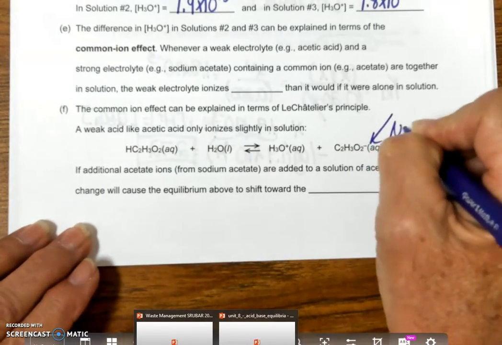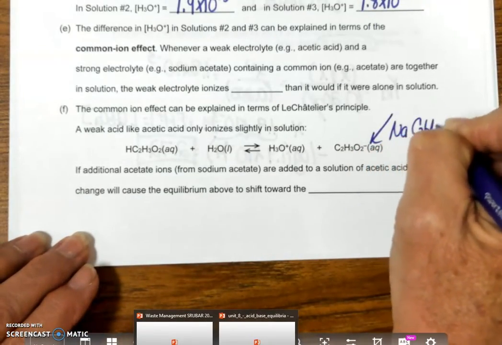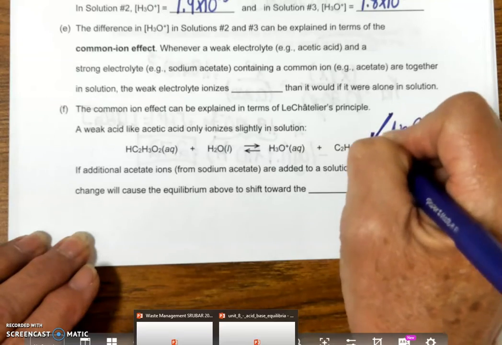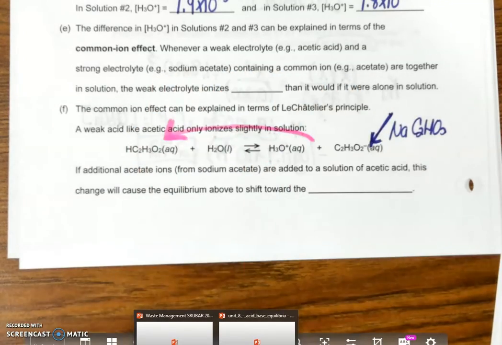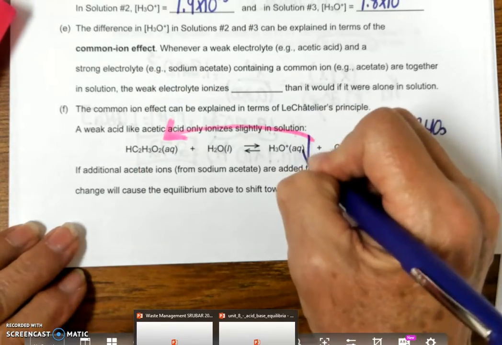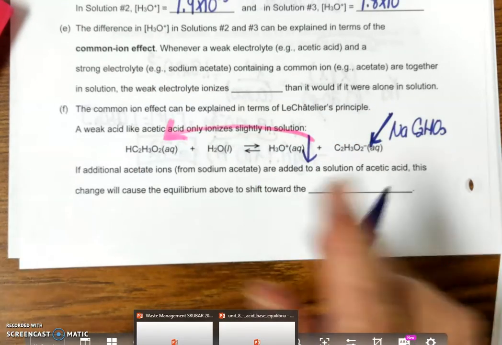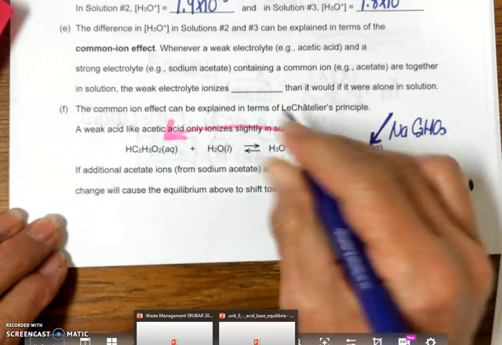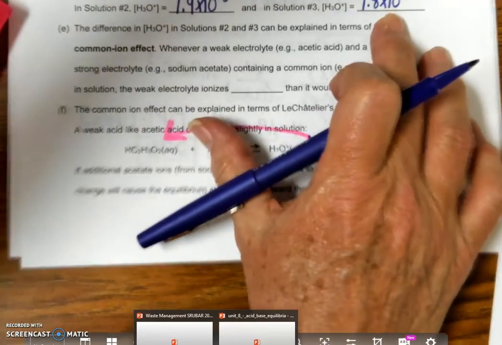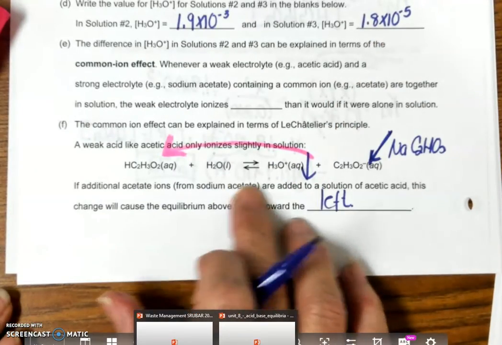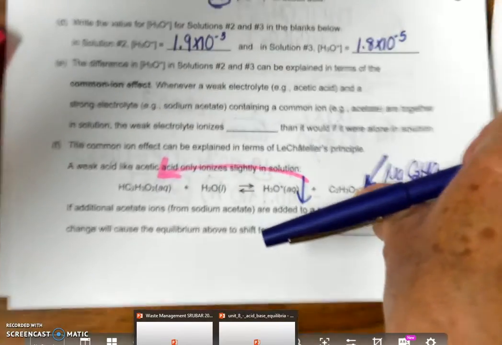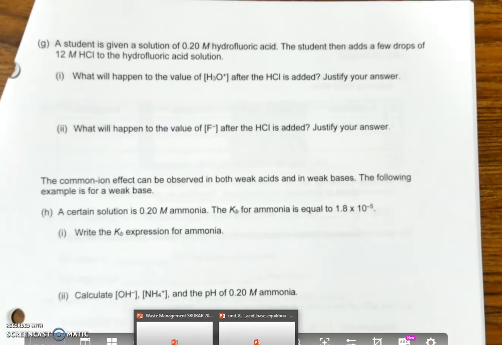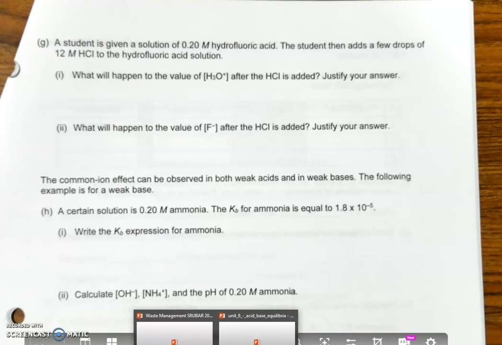So when I added sodium acetate, I added this here, and that's going to cause my equilibrium to shift in this direction. So the concentration of this goes down and the pH goes up, or you can see here, the concentration of the hydronium ion is going to go down because I'm pushing it this direction. So that is the common ion effect.